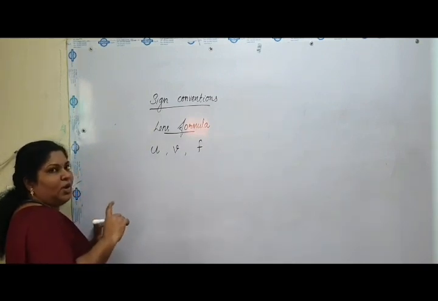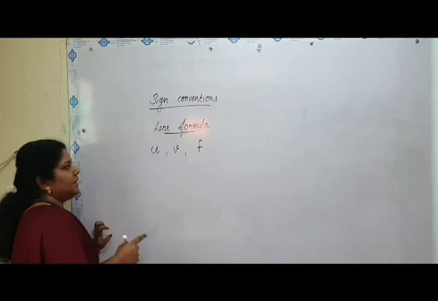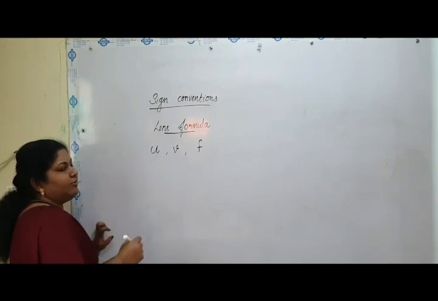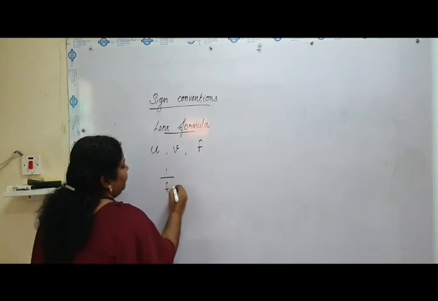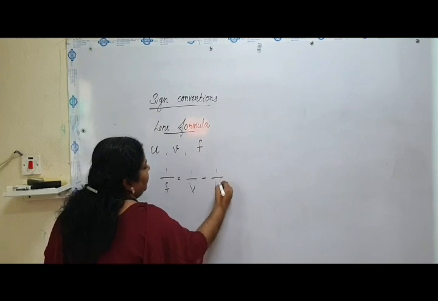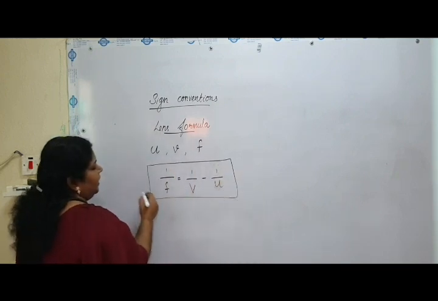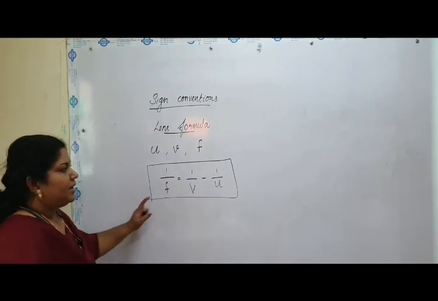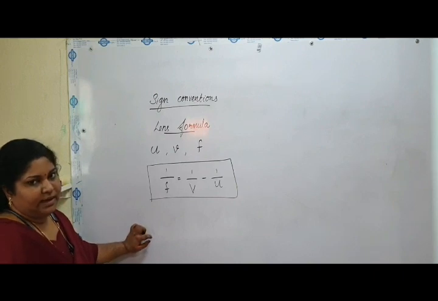So in the case of mirror, we were measuring everything from the pole. But here instead of pole, we are measuring from the optical center. So U, V and F has a relation, and that relation is given by 1/F = 1/V - 1/U. So this is the relation which is known as lens formula. So in the case of mirror, here it was plus, but in the case of lens, it is minus.